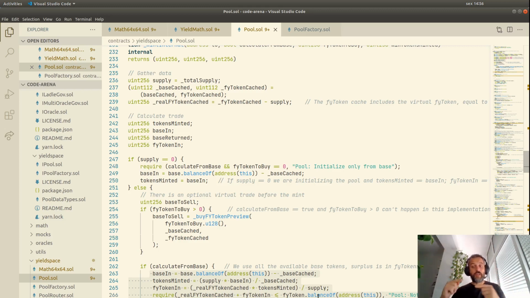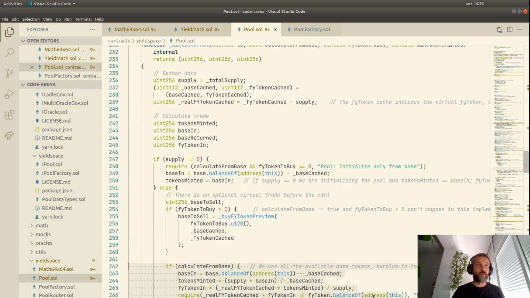So you need to provide for a certain slippage. And since you are providing for a certain slippage, if that slippage is not used completely, you will have a little bit left as change that you want to retrieve. So you can choose whether you want the change to be left in underlying or you want the change to be left in FY token. That's why you have two here.